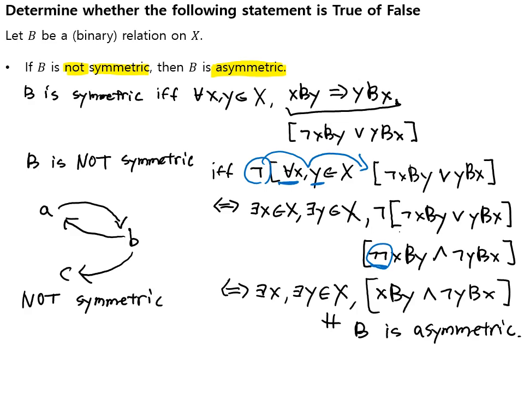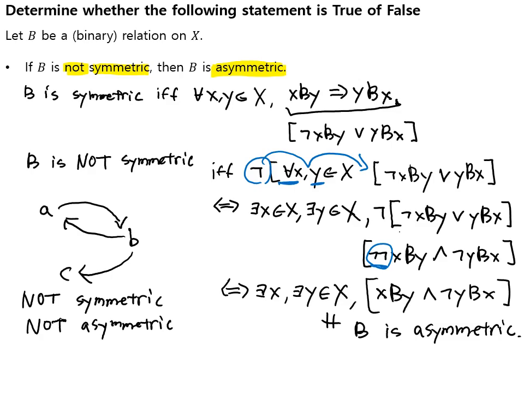But we can also see that the relation is also not asymmetric, because there exists a pair, namely A and B, in which they are related to each other in both directions.